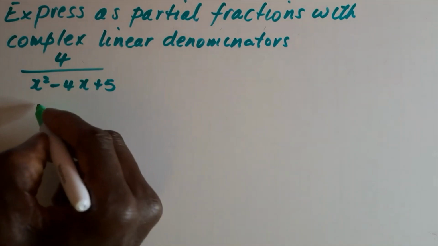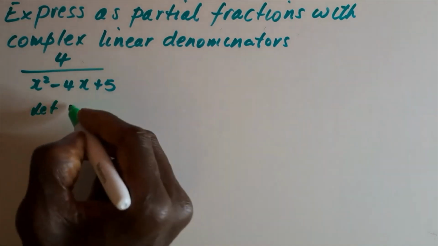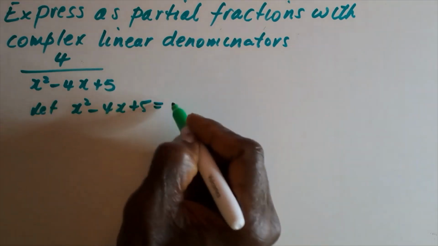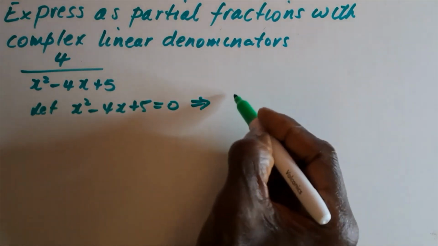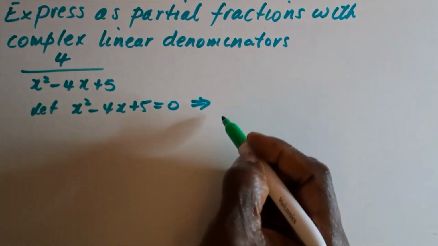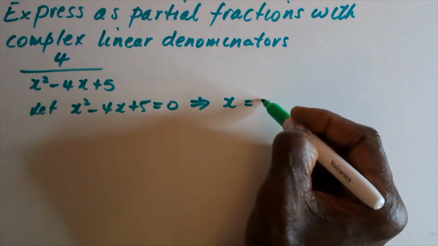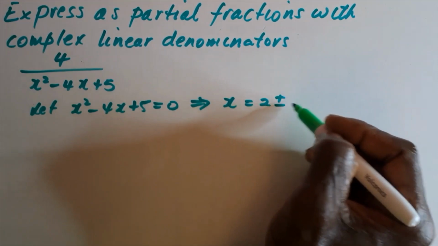So first of all, let this denominator x squared minus 4x add 5 equal to 0. And that implies that the solutions to this, I've used the formula, I'm not going to go through that again, is x is equal to 2 plus or minus i.